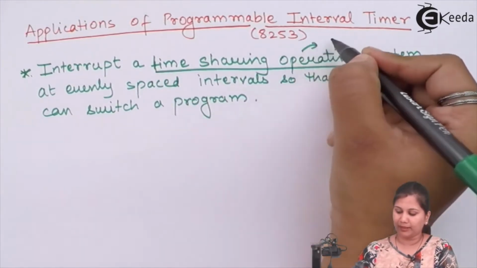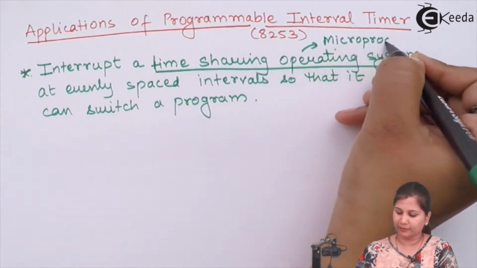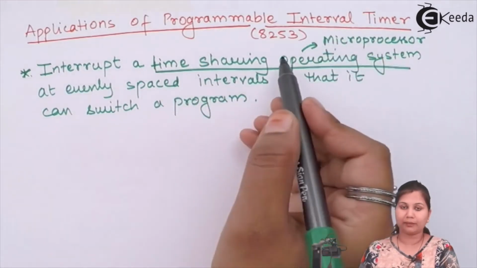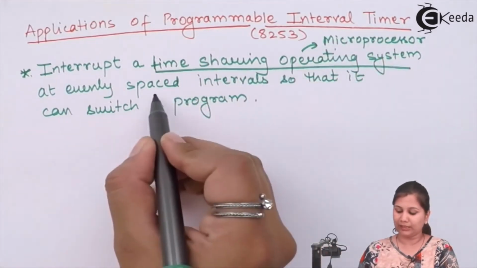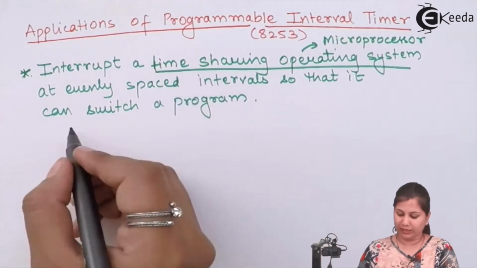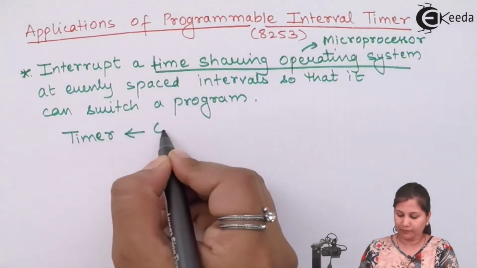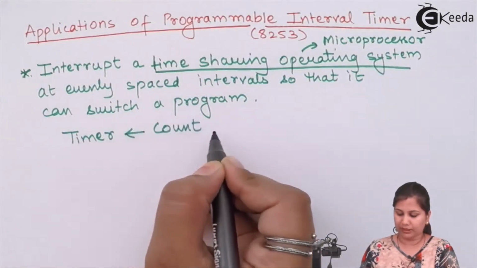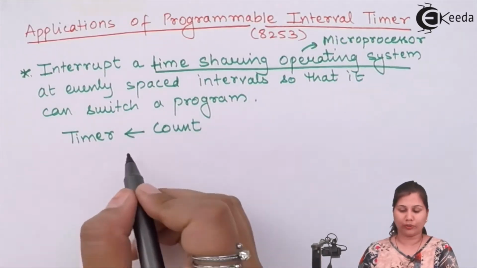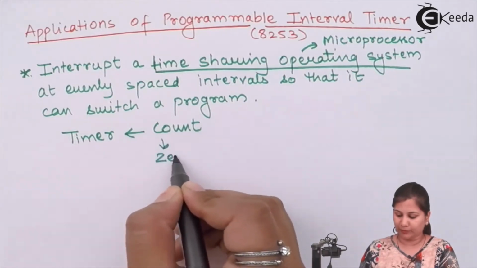Like a microprocessor is there. So we can use this timer to interrupt the microprocessor at evenly spaced intervals. Because the timer, we can initialize this timer with a count. We can load the count into this timer, and this timer is going to decrement this count until its value becomes 0.